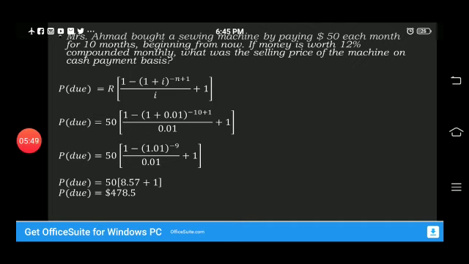Here he has given 10 months. He has not said years, so we do not need to convert. He himself said 10 months, so we put 10 in place of n. By putting the values in the formula, we get the simplified answer, that is, present value equals $478.5.